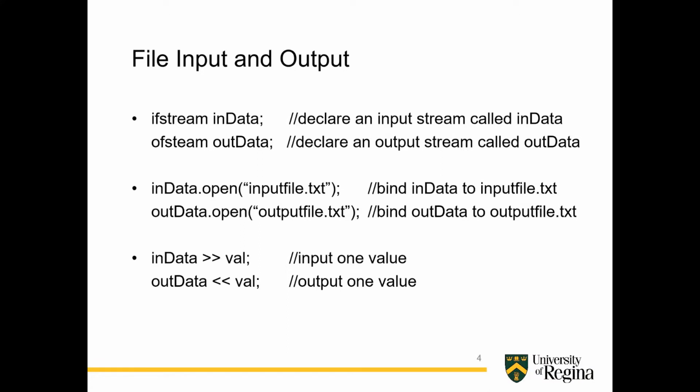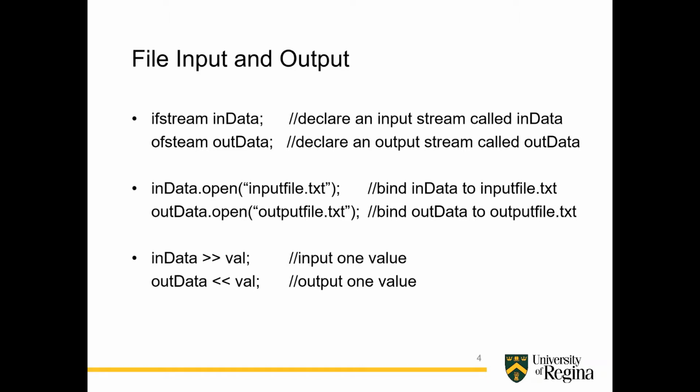And inside the double quotation, it is the file name. So if your file name is something else, for example data.txt, then you just change this part into data.txt instead.